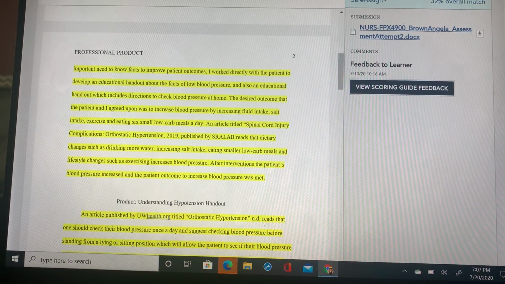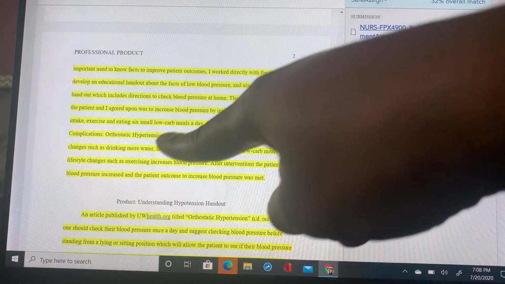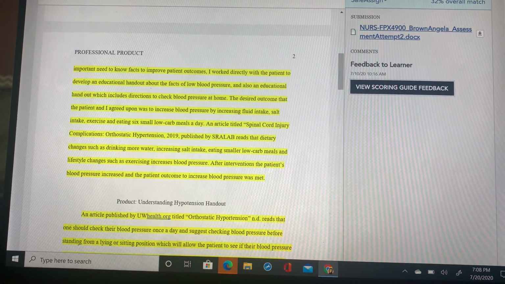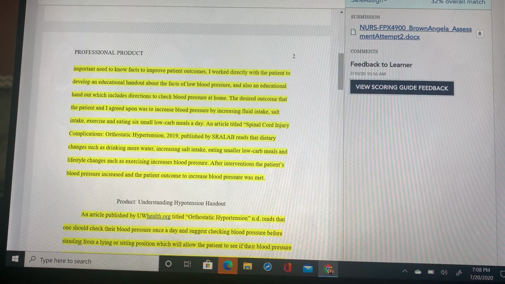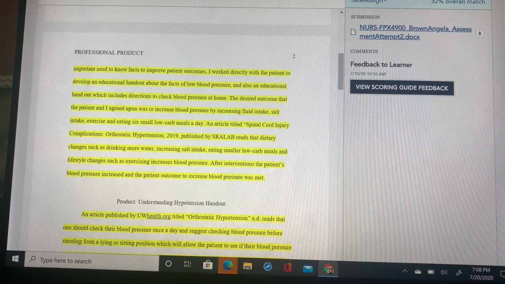So here I specifically stated where I got this from. I didn't just make this up. Like the desired outcome, I didn't just make up, where it will increase fluid, salt intake, exercise, and eat 6 small low-carb meals.